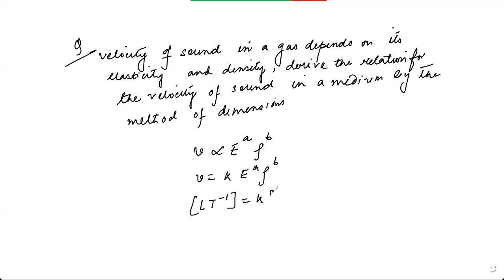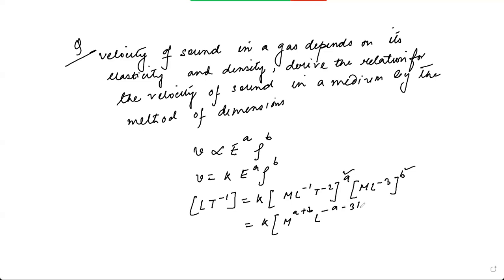The dimensional formula of elasticity is M L to the power minus 1 T to the power minus 2, to the power A. The dimensional formula of density is M L to the power minus 3, to the power B. So we get K, M to the power a plus b, L to the power minus a minus 3b, and T to the power minus 2a.